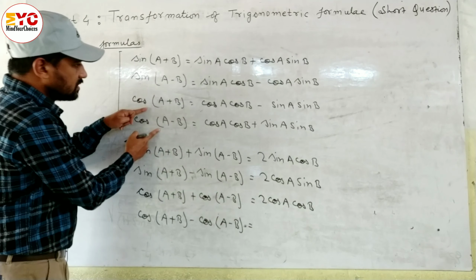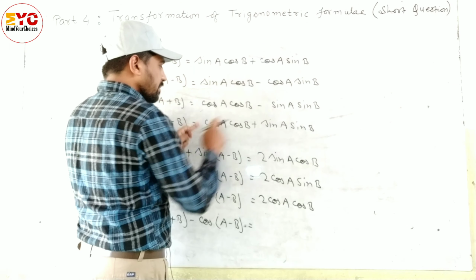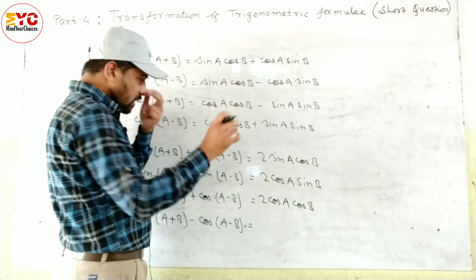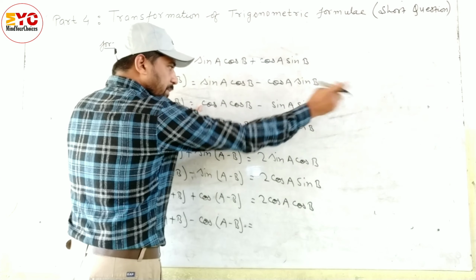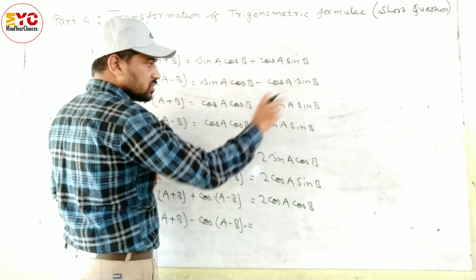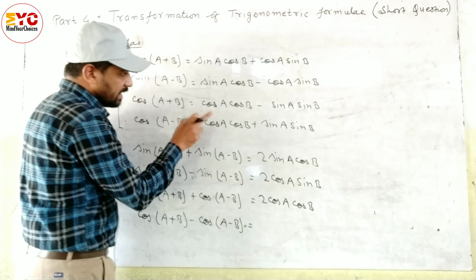When you subtract, this minus this, it means the cos A cos B terms cancel. You can do it in rough also. Minus this means we have to write inside a bracket, because of that minus, this plus becomes minus, and the other terms cancel.